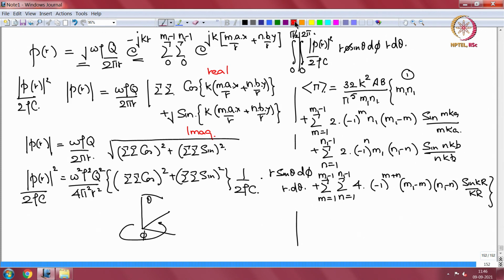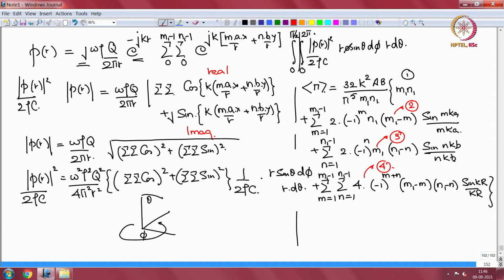So there are 4 terms. This is the second term, this is the third term, this is the fourth term. I am demonstrating with respect to m1 and n1, but this is a general expression.